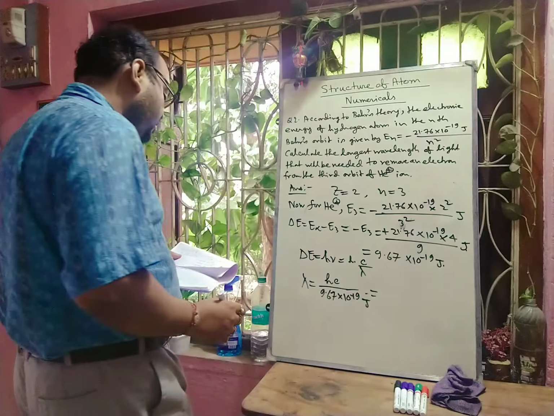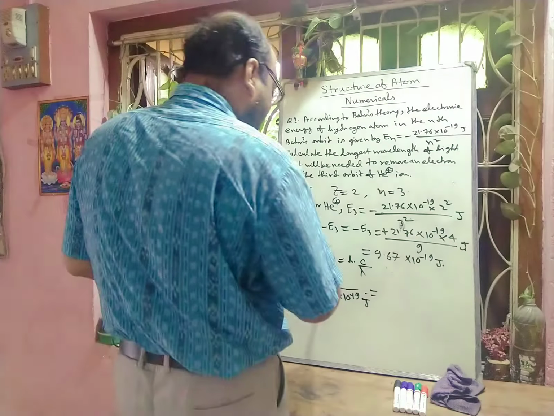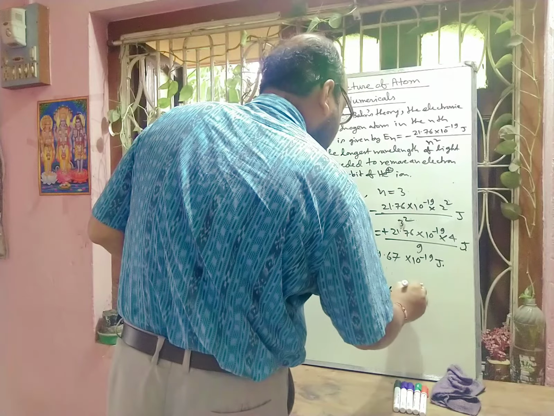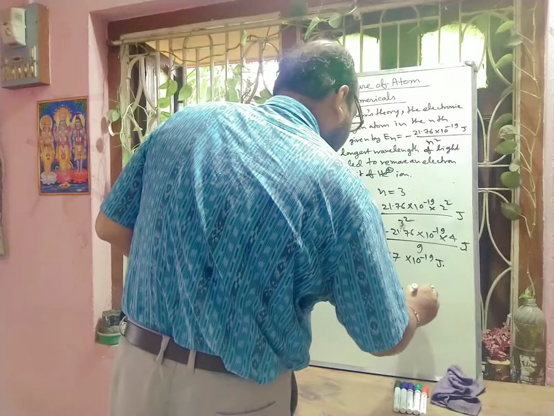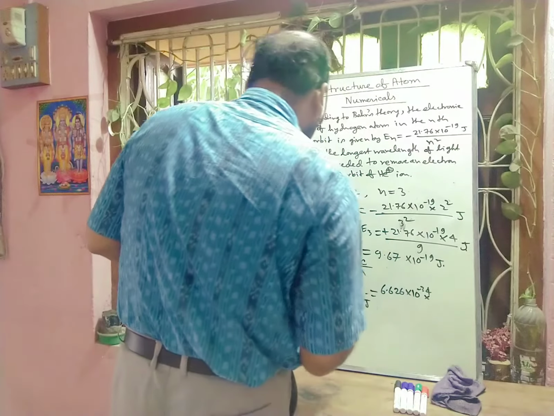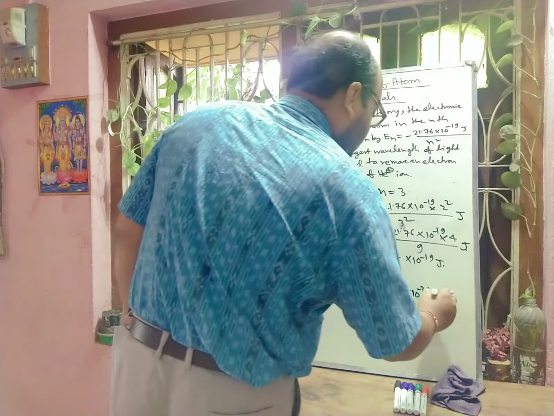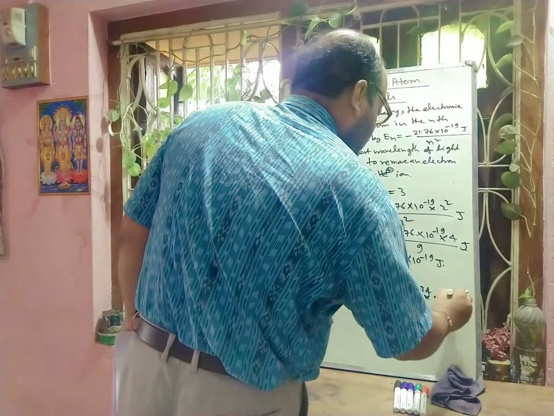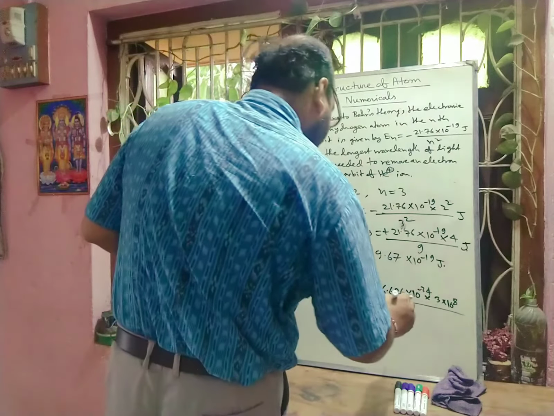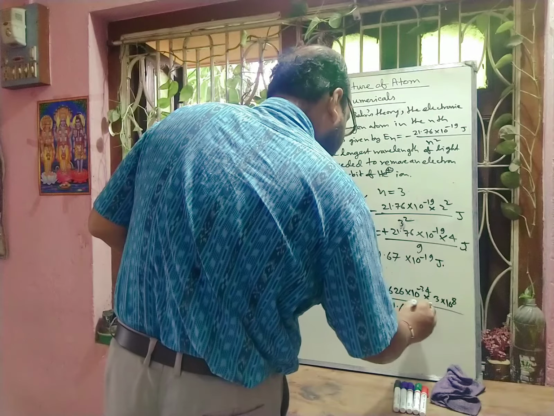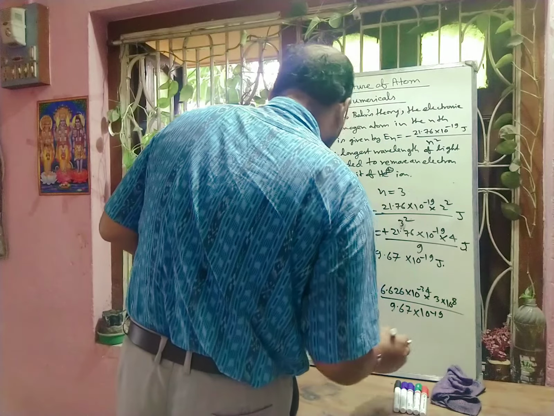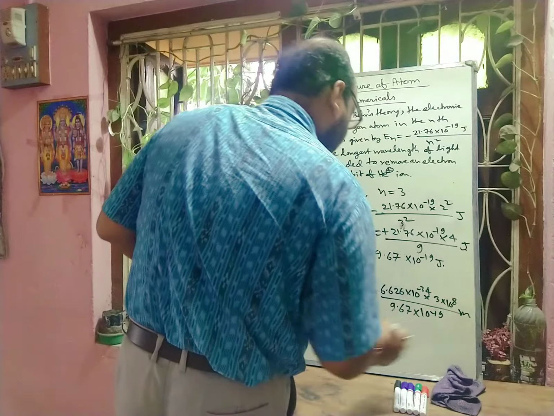Now we put the value of Planck's constant h, 6.626 into 10 to the power minus 34, and the velocity of light, 3 into 10 to the power 8 meter per second, divided by 9.67 into 10 to the power minus 19. And the unit will be meter.